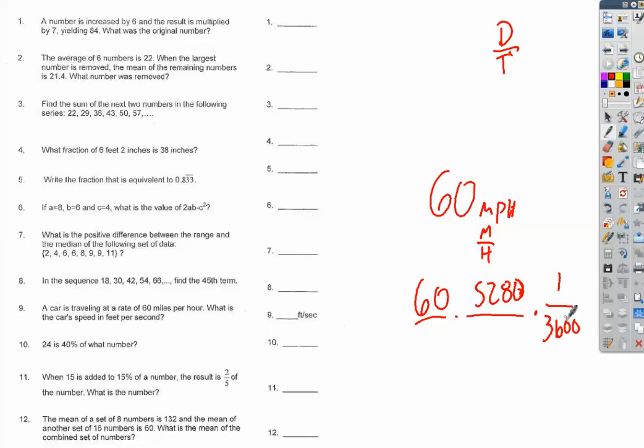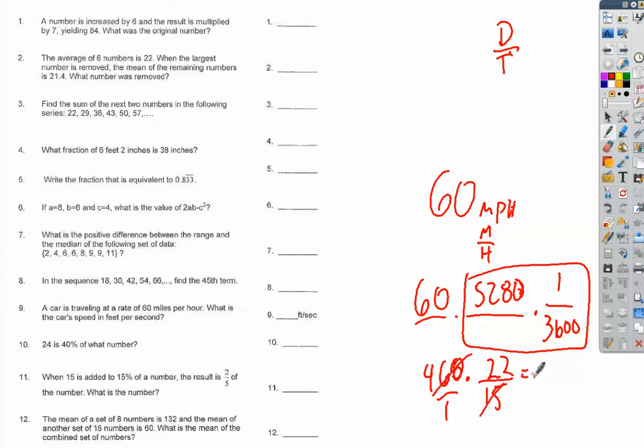Therefore, in these problems, this piece will always remain the same. Now, for your calculation pleasures, I would memorize 22 over 15. This whole thing here reduces to 22 over 15 times 60. So 15 goes into 60 4 times. 4 times 22 is 88. This will make your life better, I promise.